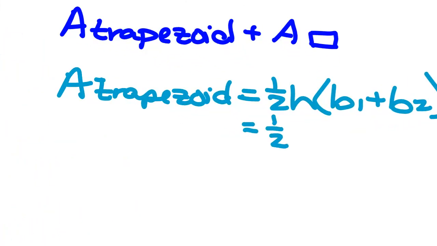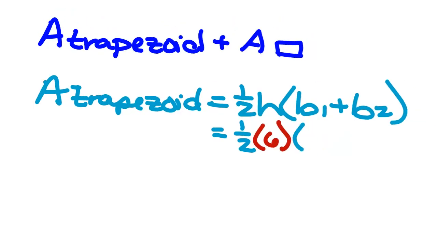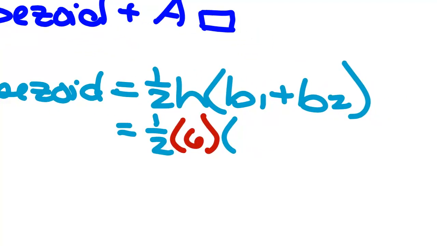So I have 1/2 times 6 times, how big are the two bases of the trapezoid? Not 10. This right here, it looks like the bottom, I know, but it's the distance between my bases. My bases on a trapezoid have to be parallel. So this right here would be one of the bases, and this over here would be the other base. 3 and 8, yes.